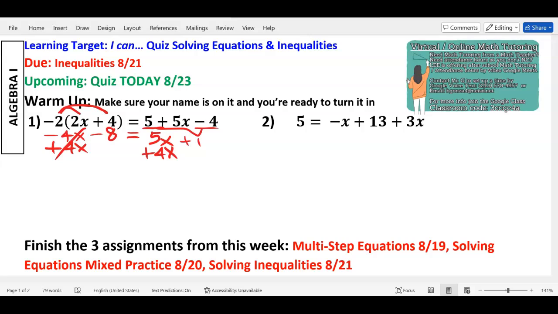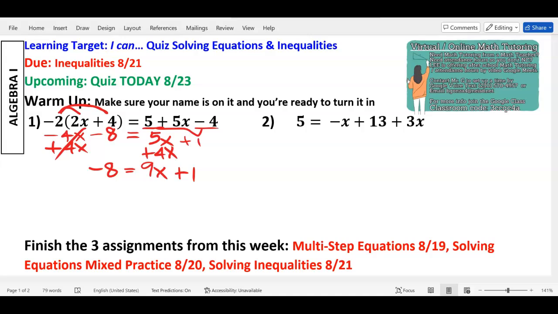Bring down the number. Don't forget this 8 has a minus in front of it. That's a minus or a negative 8 equals 5 plus 4, 9x. Bring down the plus 1. And now we have a two-step equation. We should be able to solve this by now.